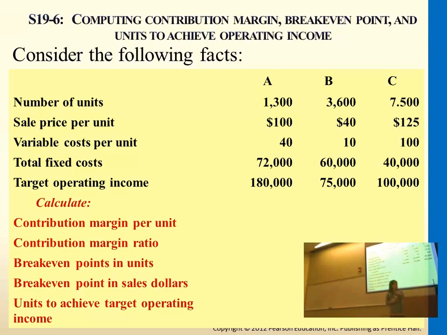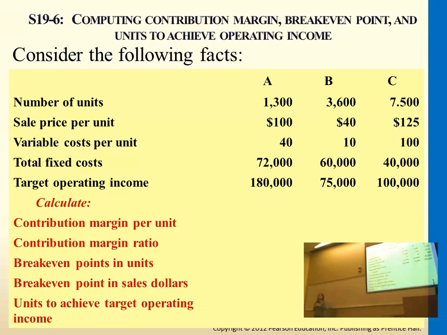Let's take a look at company A. We have a sales price of $100 per unit and variable cost of 40, so the contribution margin per unit is 60, right? 100 minus variable cost gives us 60 per unit.